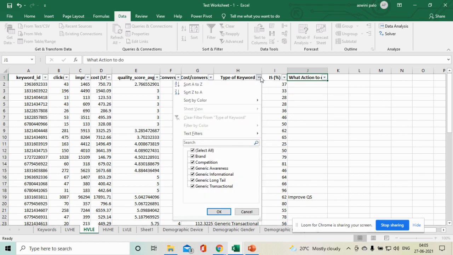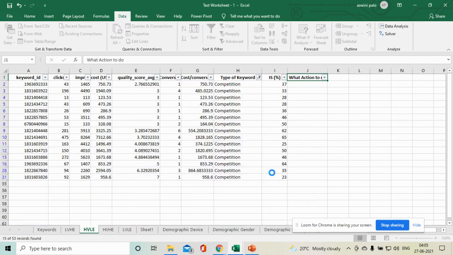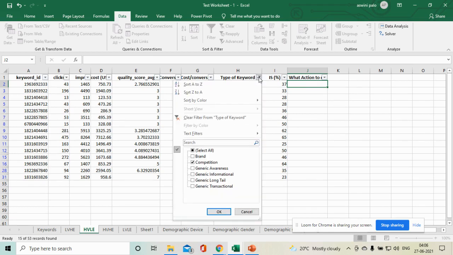So what we can do here for competition, I am not able to write here. Okay guys, let's move here. It seems the system has some problem.